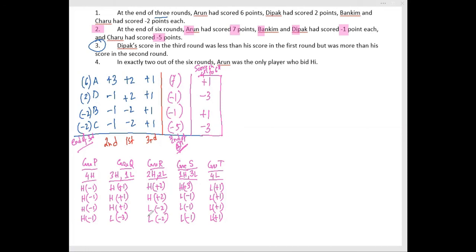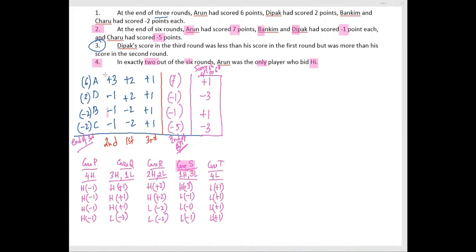Now again, another very important point, number 4, is given. In exactly 2 out of 6 rounds, Arun was the only player who bid high. The only player bidding high is the case of ace. I have seen that this particular case, ace, has appeared one time.